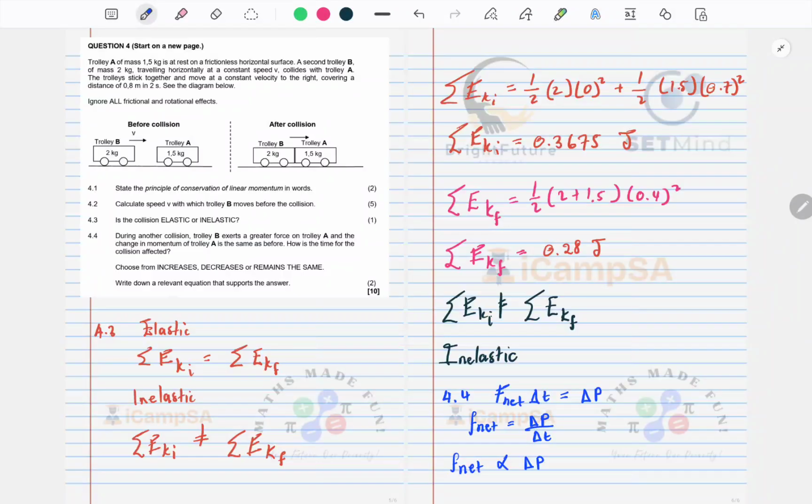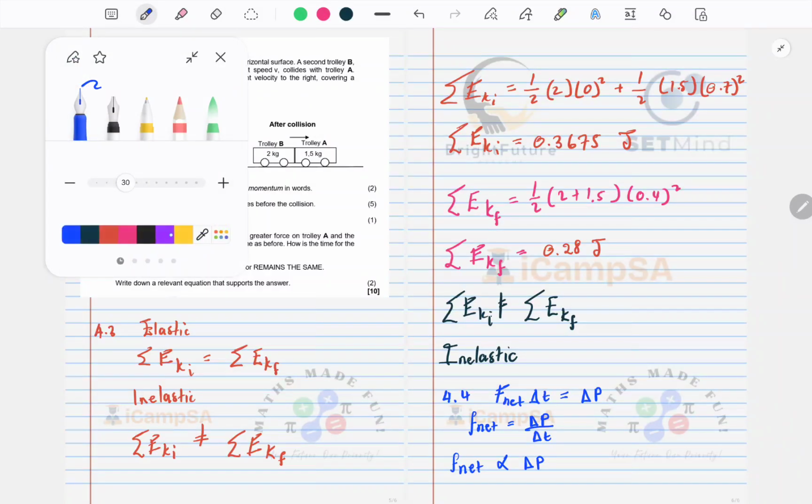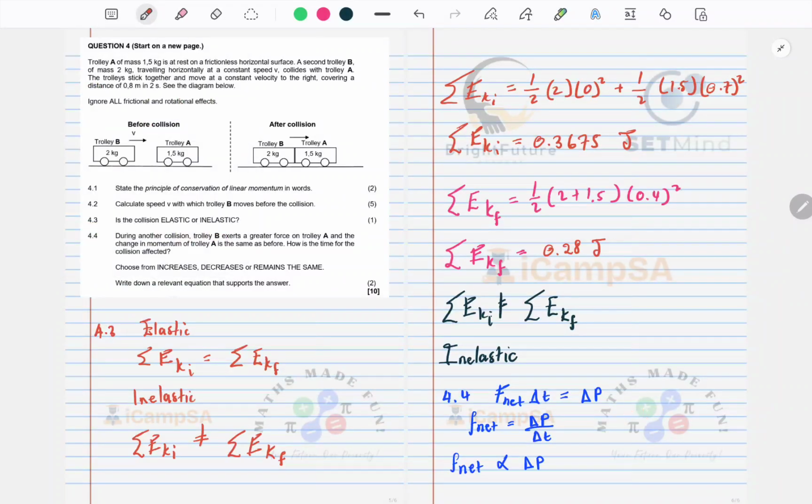So that means these two don't affect each other. We are going to look at time. How is the time for the collision affected? And then we've got this important point here. So now we know that this is directly proportional.